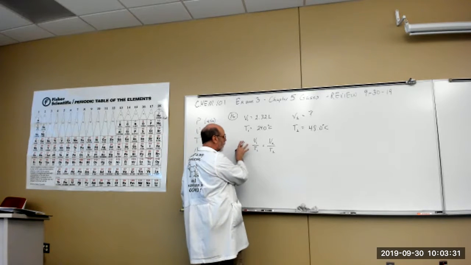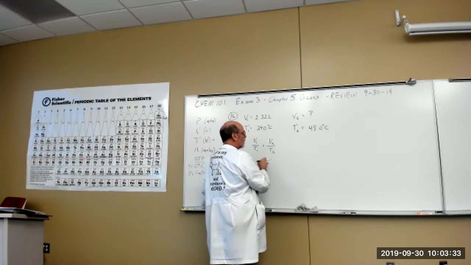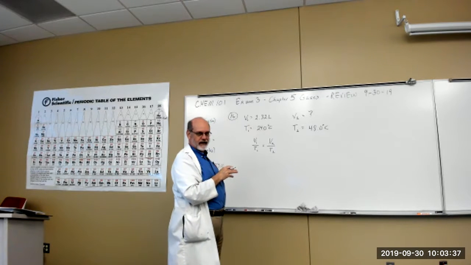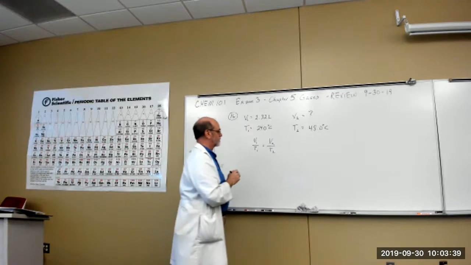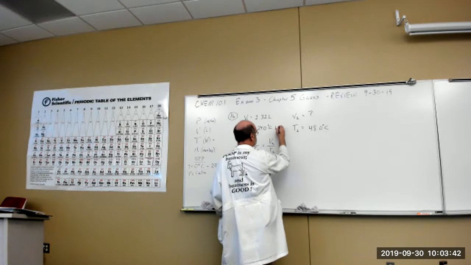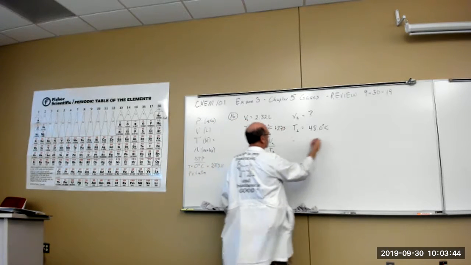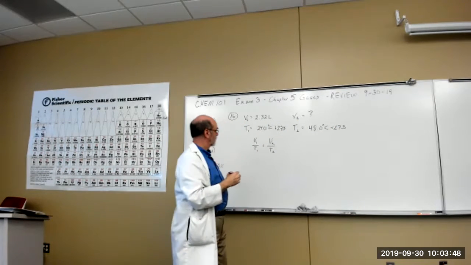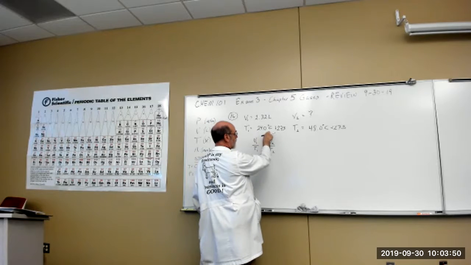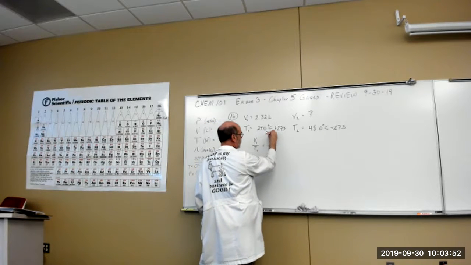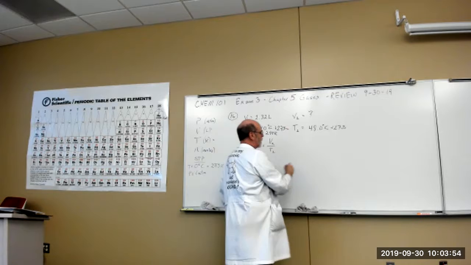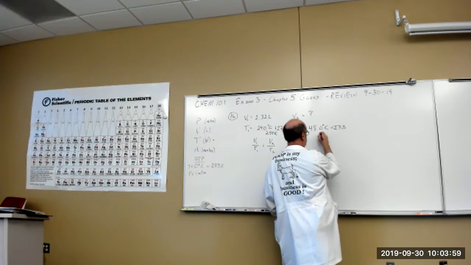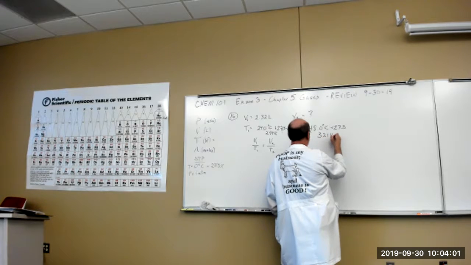Okay, so we know where everything goes, but are they in the proper form? Not yet. Temperature has to be Kelvin. Right? So we need to add 273 to this one, add 273 to that one. This is 297? Yeah. Okay. How about this one? 341. Okay.